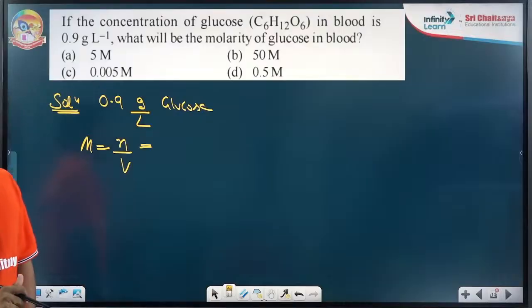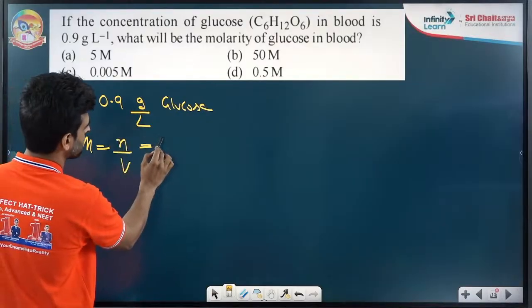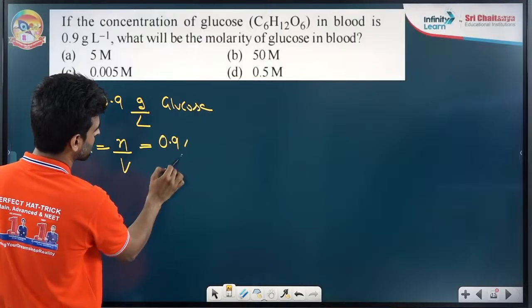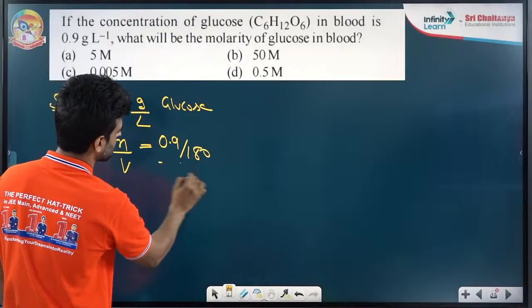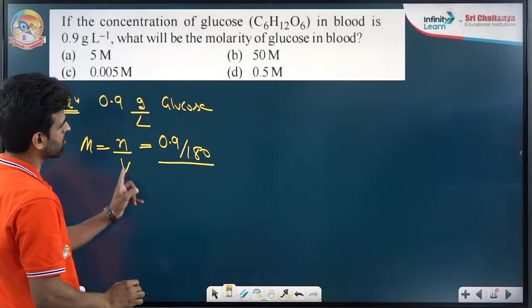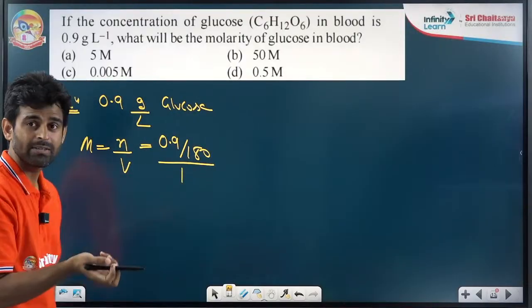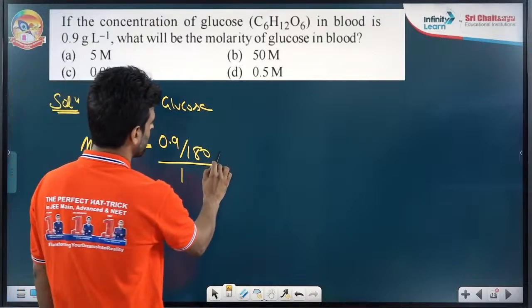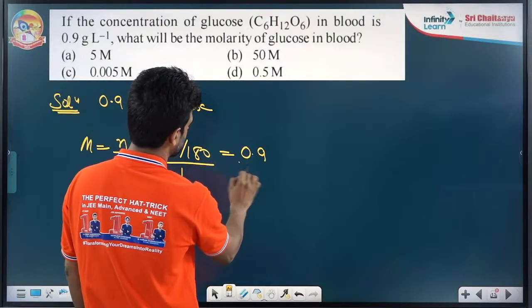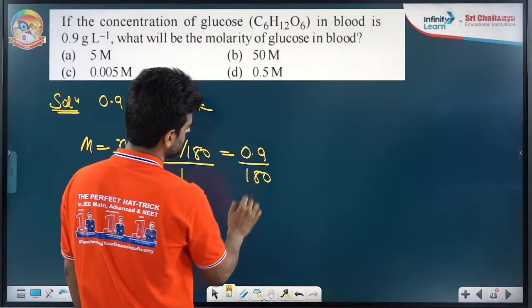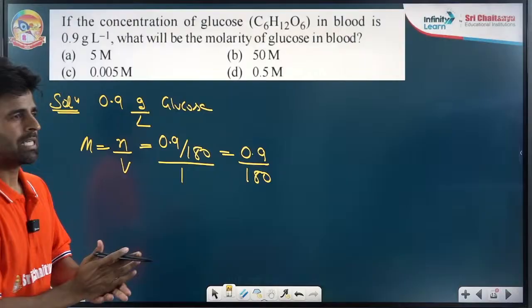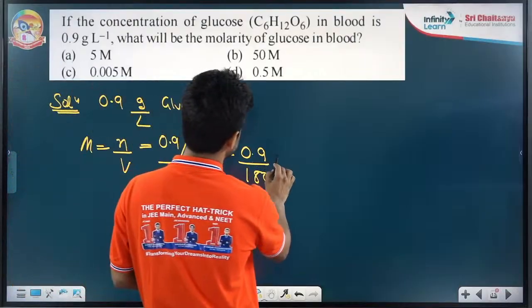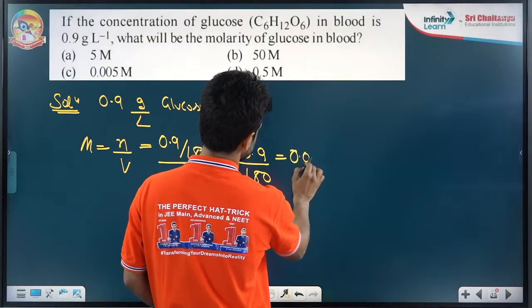So I will convert the gram into moles by dividing by the molar mass. 0.9 divided by 180. Volume is already given, 1 liter. So 0.9 divided by 180. Fine? Very good. What's coming from here? 0.005. Great.